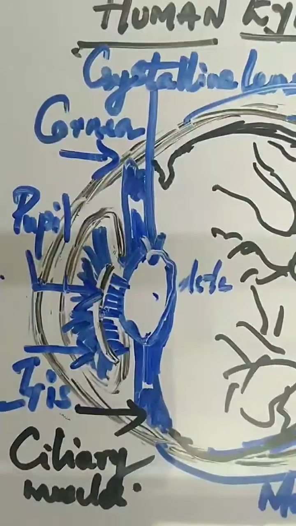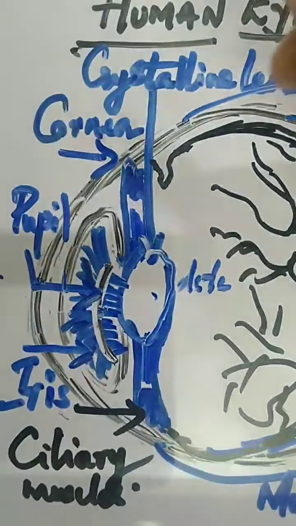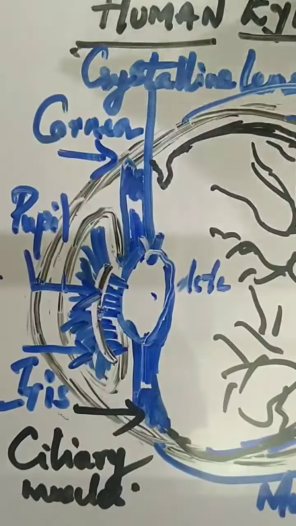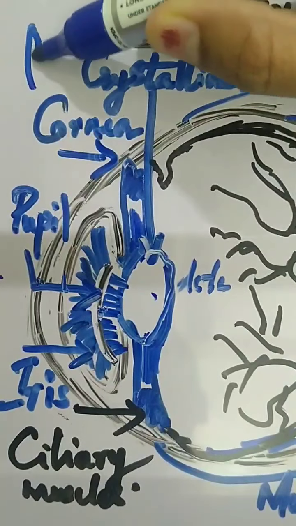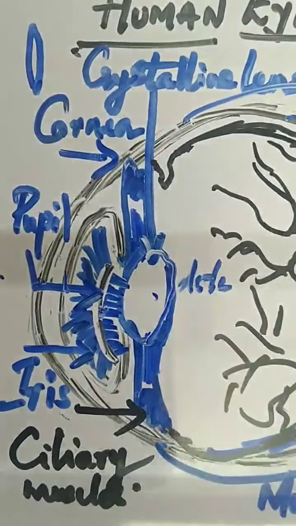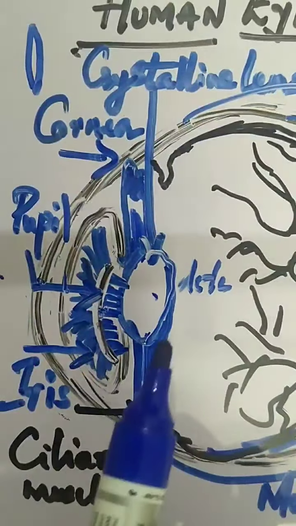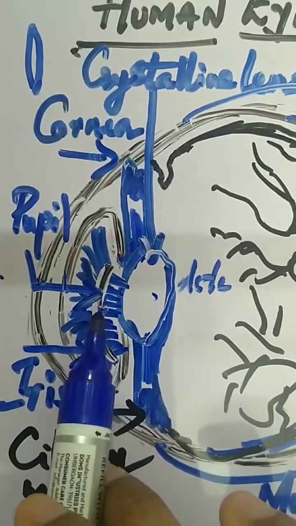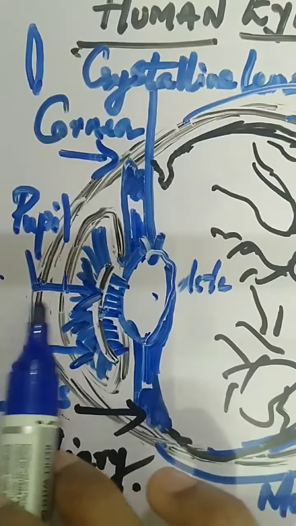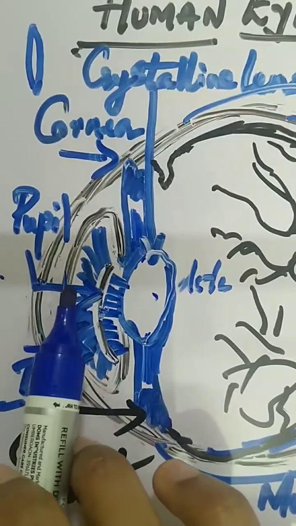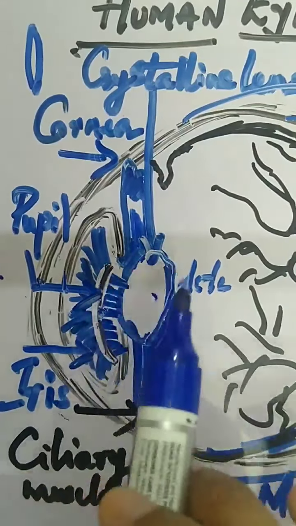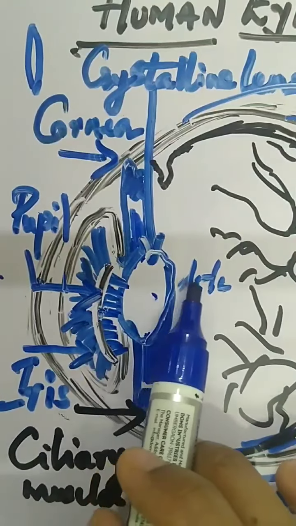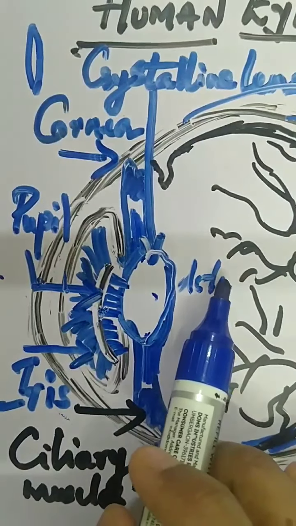Double convex means we have seen the ray diagram, no? Double convex means this way. Okay, we have seen the ray diagrams. So double convex crystalline transparent lens behind the pupil. Go in order. Cornea, iris, pupil, double convex crystalline transparent lens.